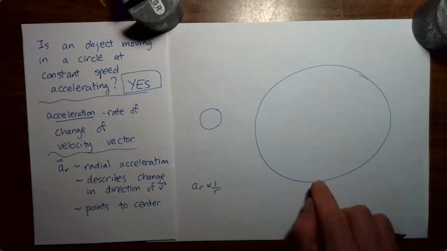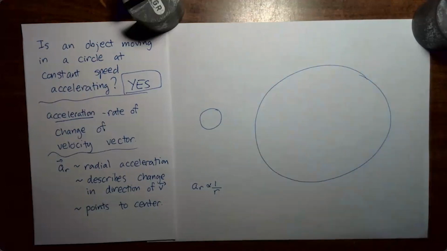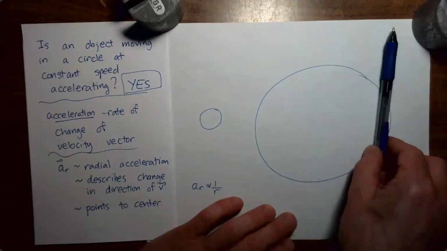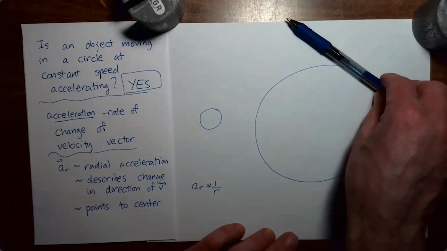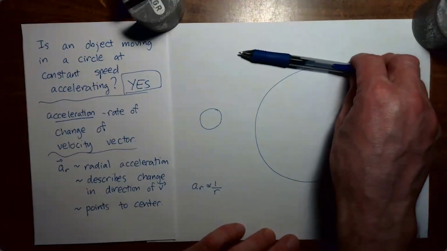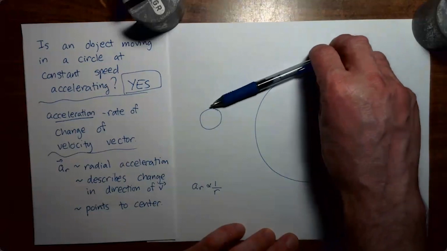To show that, I'm going to have the object move around the larger circle twice. First, the object will move around the larger circle slowly, and then the object will move around the larger circle more rapidly. Okay, so here's the object moving around the larger circle slowly, and look at the rate at which the velocity vector swings around.